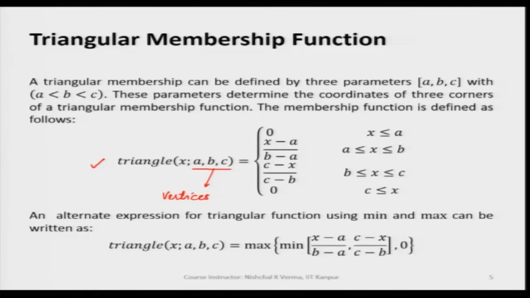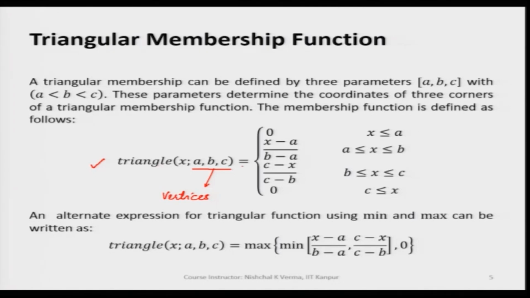and this is defined by triangle x semicolon a b c equal to 0 for all the values of x less than or equal to a, and then x minus a by b minus a for all the values of x greater than or equal to a and less than or equal to b.